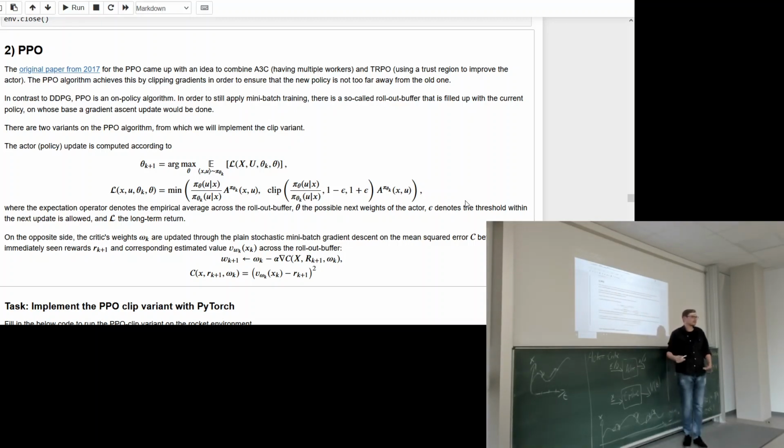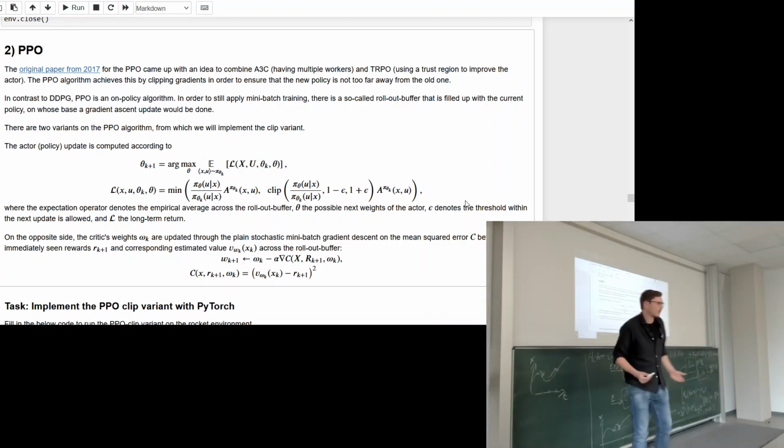Because deterministic means we are either sure to do this action or sure not to do this action. So the probability can only be 1 or 0 in a deterministic space, so to say. And therefore, this wouldn't make any sense, right? 1 over 0 is mathematically undefined. 0 over 1 would give us no update at all. So it only makes sense if we have a stochastic policy in there.